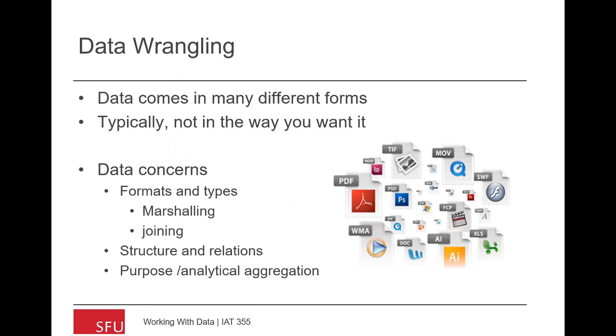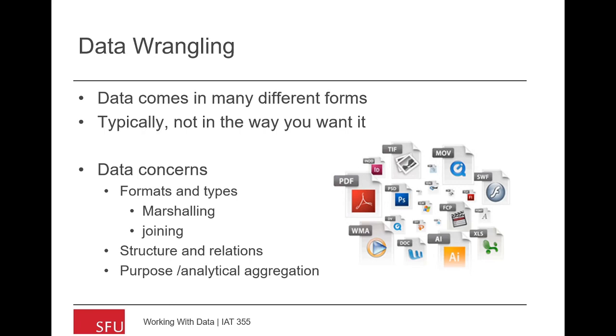So data comes in many different forms. This cloud of application icons is intended to get that point across, and typically it's not the way you want it. The kinds of concerns that you have to deal with in the details of data wrangling are things like formats and types, and getting the files that you want that represent the information you're looking for.